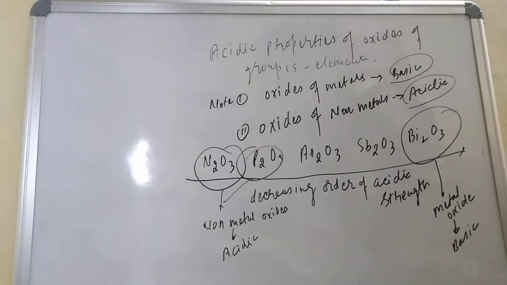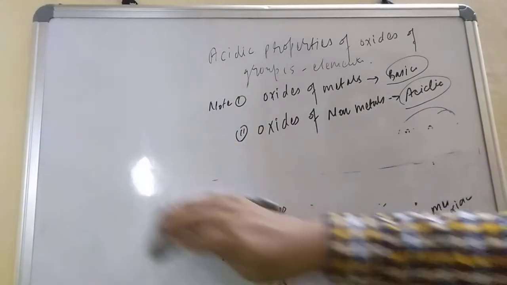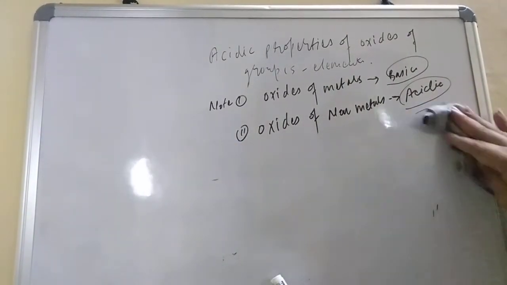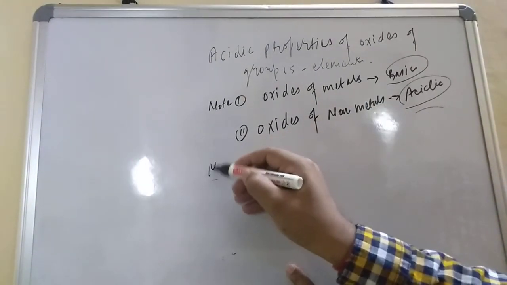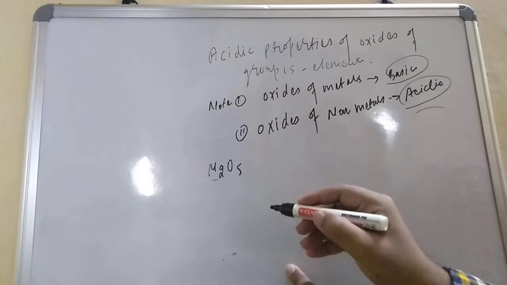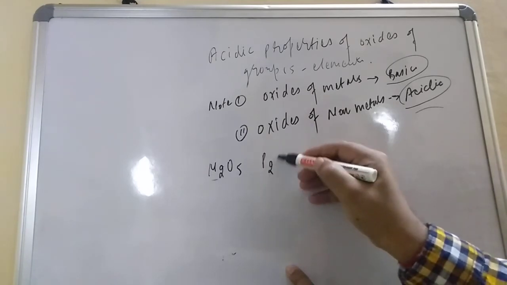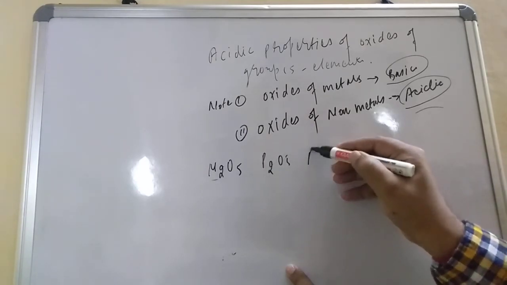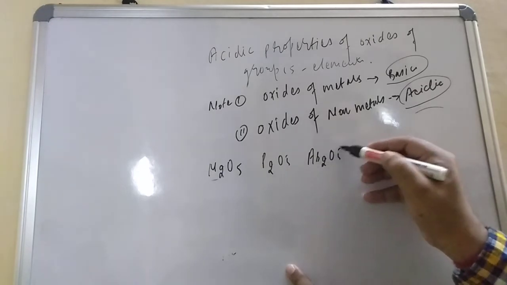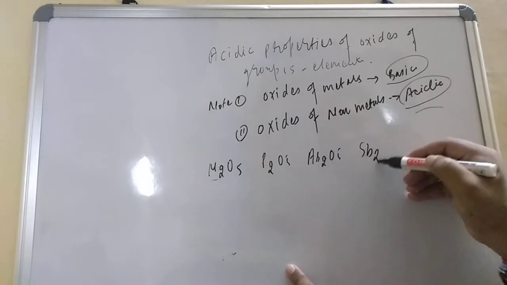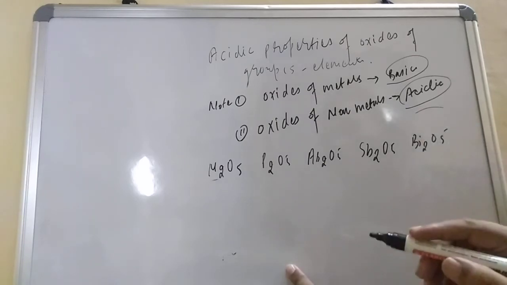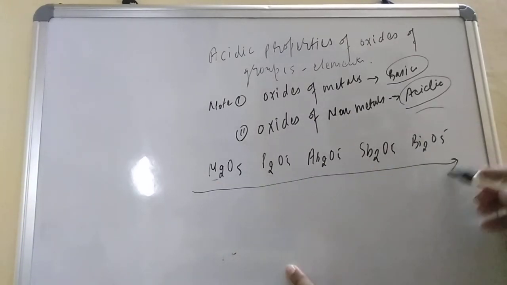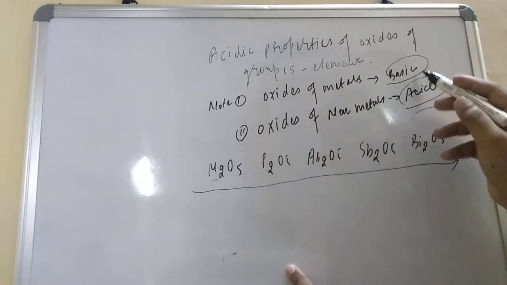Similarly, we can write the same order for the pentoxides. For the pentoxides we have N2O5, P2O5, As2O5, Sb2O5 and Bi2O5. The same thing applies: oxides of metals are basic.